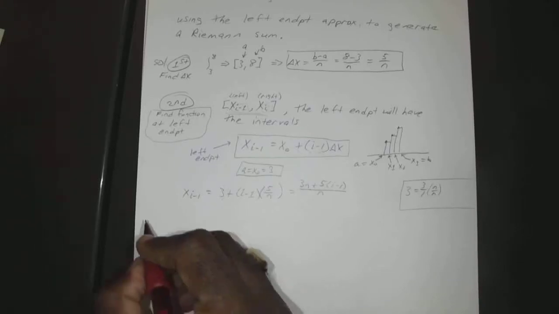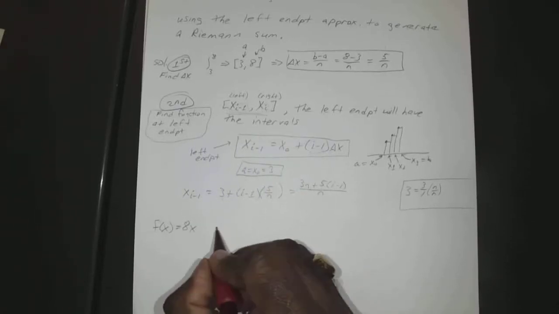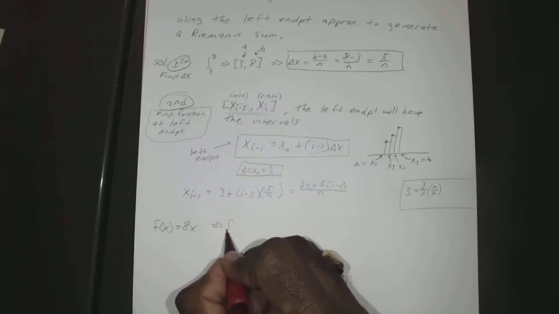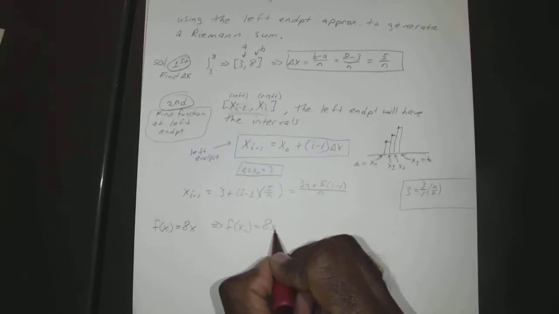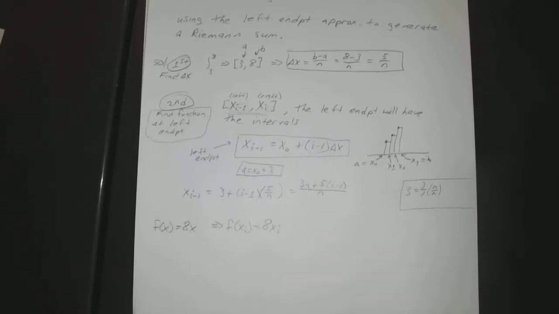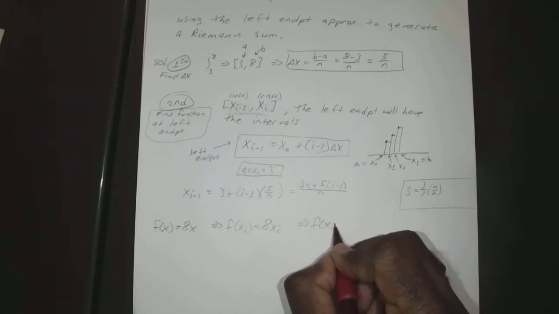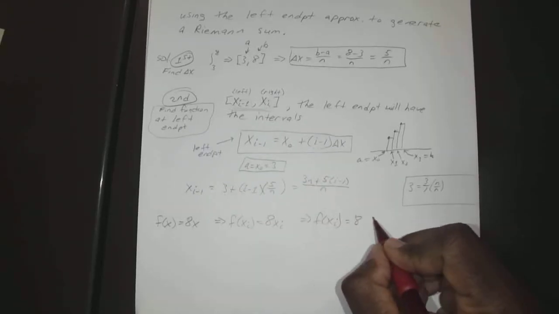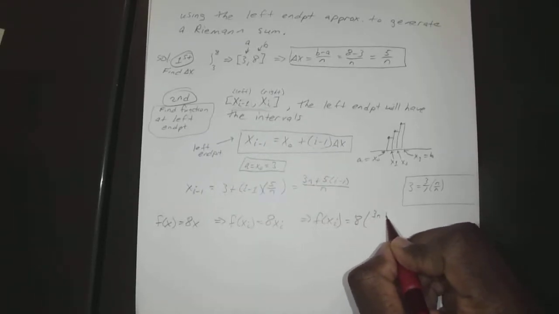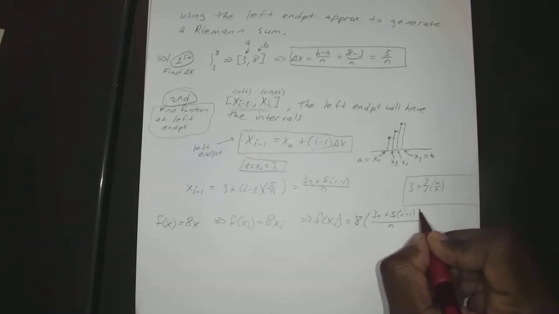Okay, so we know if our f of x is equal to 8x, then that means our f of x sub i would be 8 times x sub i. And we already figured out what our x sub i is: 8 times 3n plus 5 times i minus 1 all over n.